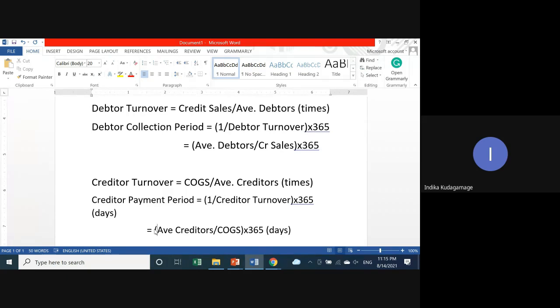You take 30 days credit, you are purchasing at 100 rupees. You take 180 days credit, you are purchasing at 140 rupees. Right? What does that mean? Your cost of goods goes up, your pricing will go up because it is not the normal norm.